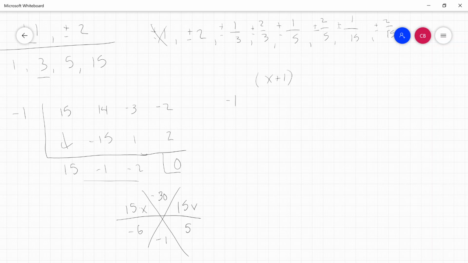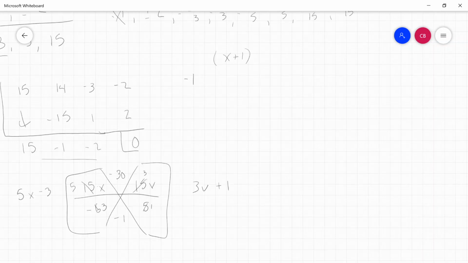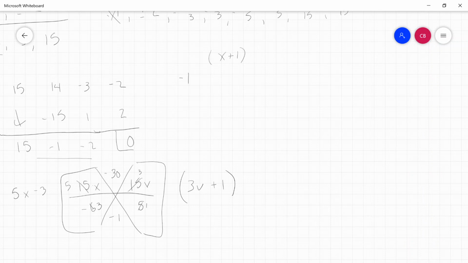This is going to be 3x plus 1, and this is going to be 5x minus 3. Okay, so let's solve these real quick, and we'll know which ones will work with the synthetic division, and then I'll use it on that other one to show you.